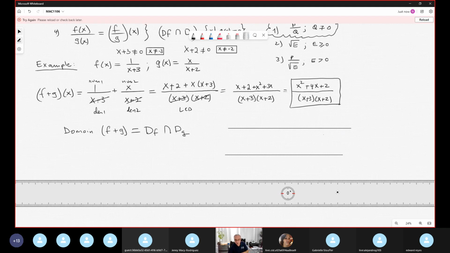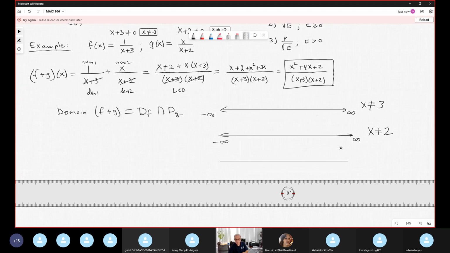The first number line is x not 3. Remember this is positive infinity, negative infinity. This is x not 2, and this is x not 3 and x not 2.